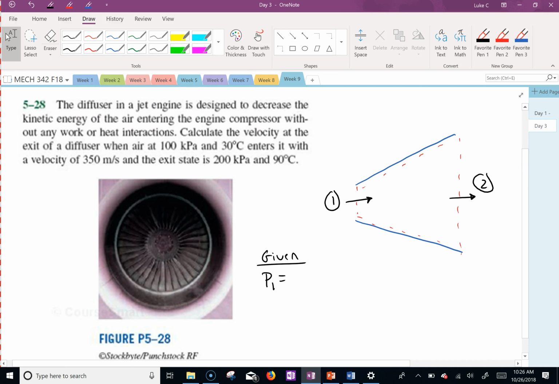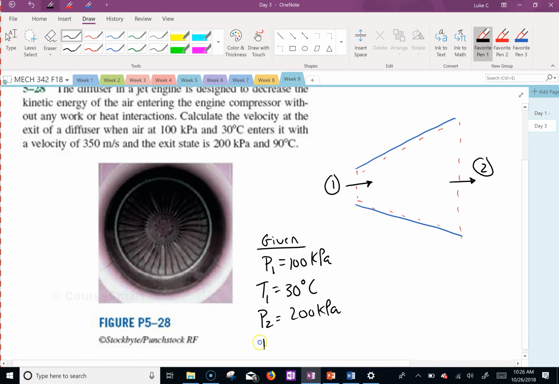P1 is where it enters, so 100 kilopascals. T1 is 30 degrees C. P2 is 200 kilopascals. T2 is 90 degrees C.